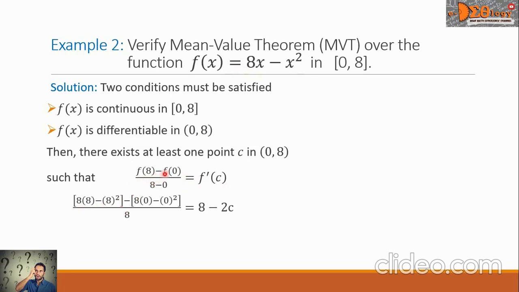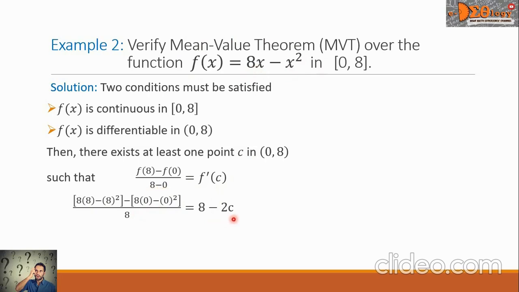Then minus the f of 0 is now 8 times 0 minus 0 squared, all over 8 minus 0, which is 8, is equal to the right side, the derivative of this function evaluated at c. So the derivative of 8x is 8, minus the derivative of x squared, which is 2x. But we will write here 2c.